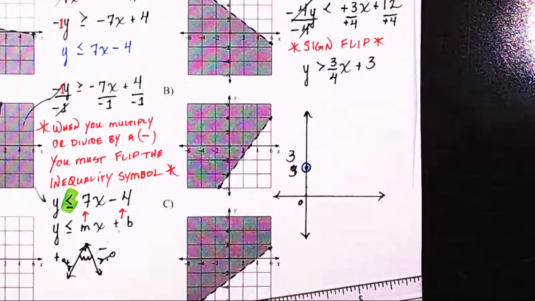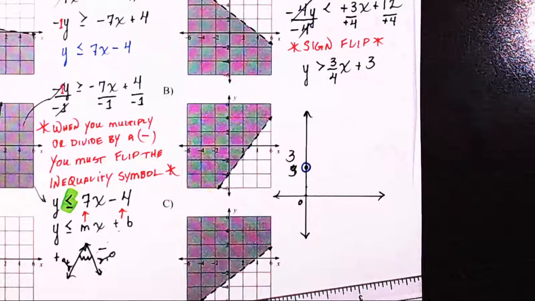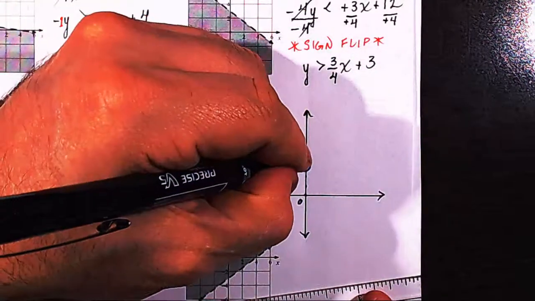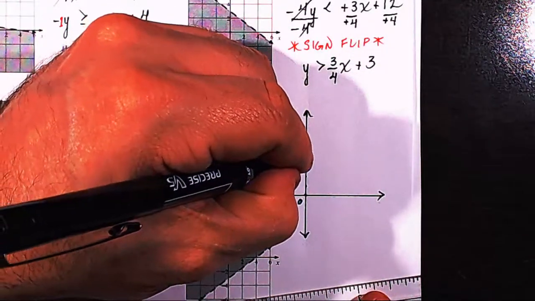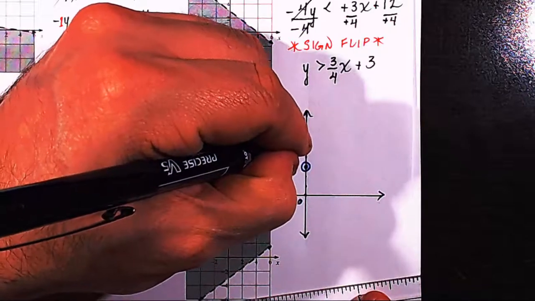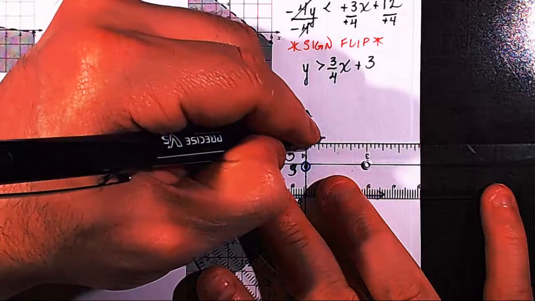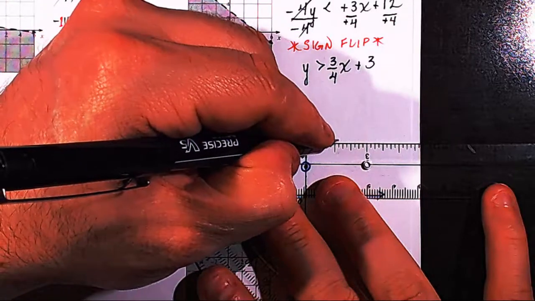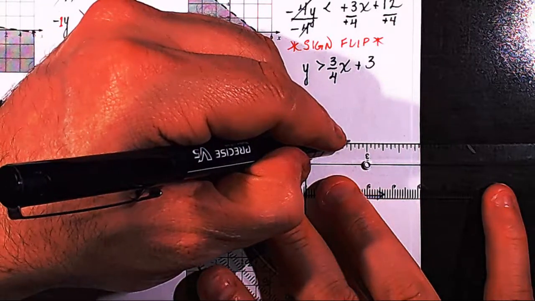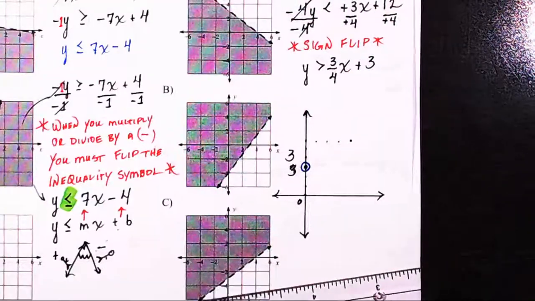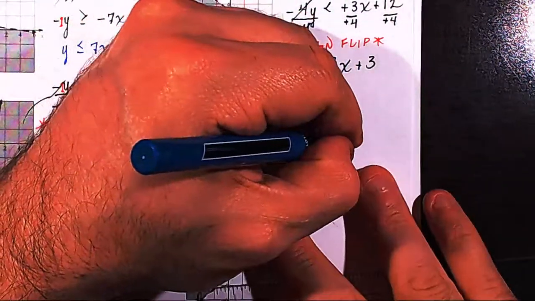So now my slope tells me to rise 3 and then run 4. Up 3, over 4 to the right. So go up 1, up 2, up 3, then over 1, over 2, over 3, over 4. Okay, so there's another point, and I'm going to indicate that with a circle.